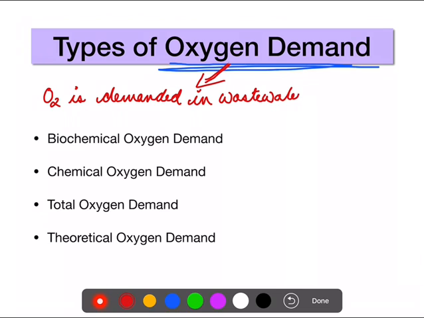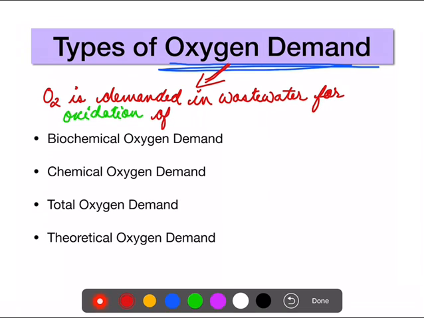Oxygen is demanded in wastewater for oxidation. This is most important. Oxidation of what? Oxidation of organic as well as inorganic matter.